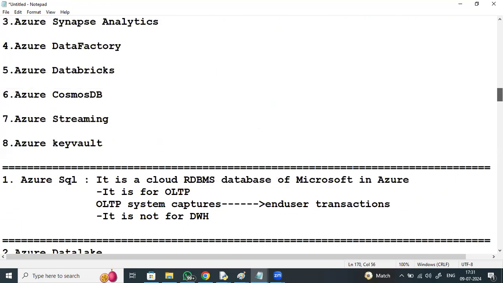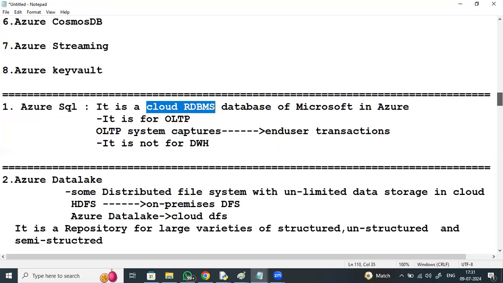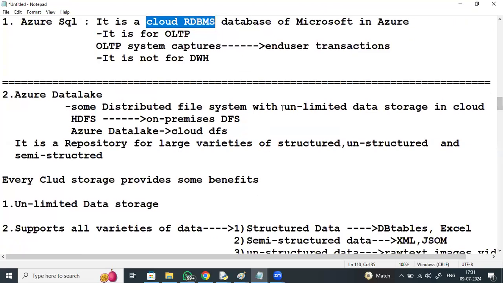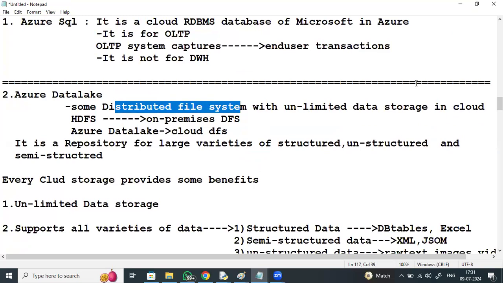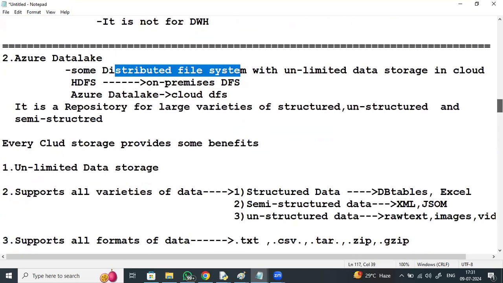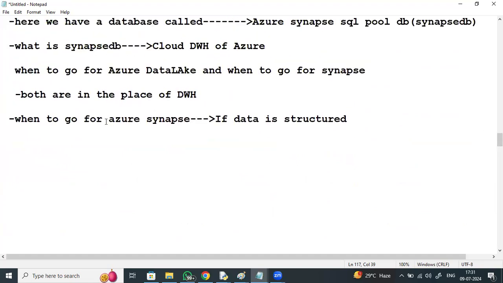Up to now what I discussed: Azure SQL means cloud RDBMS, not for data warehouse. Azure Synapse is cloud RDBMS for data warehouse, for analytics. Azure Data Lake is unlimited data storage in the cloud, a distributed file system. So when to go for Azure Data Lake, when to go for Synapse? For Azure Synapse, if data is structured.